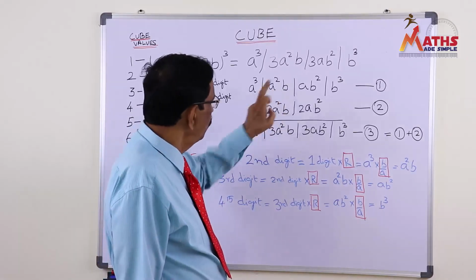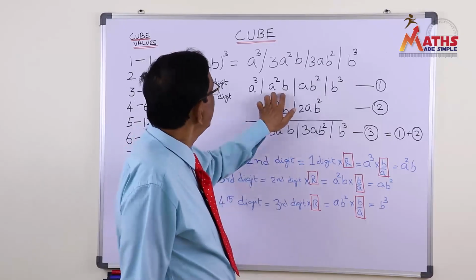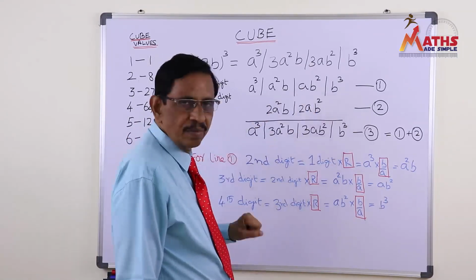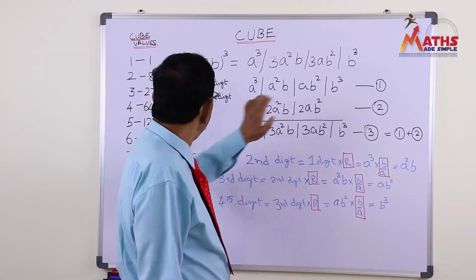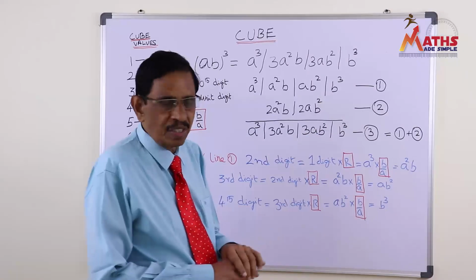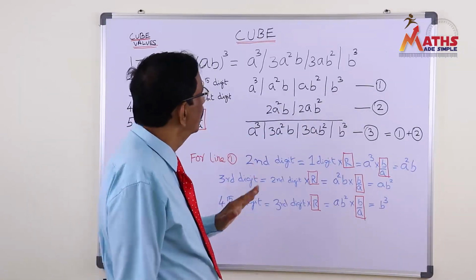I will put that value here. That will be the second digit. The second digit again I will multiply with ratio R to get the third digit. The third digit again I will multiply with the ratio to make it the fourth digit. Line 1 I will get this way, very simple.